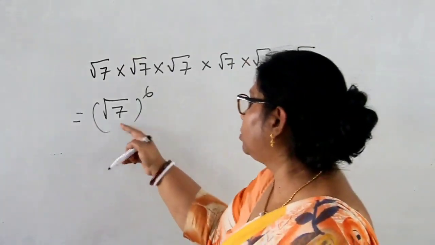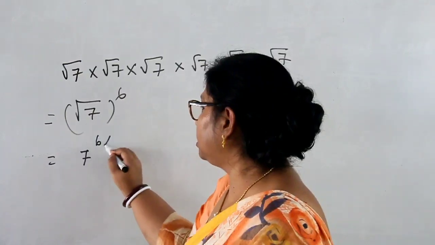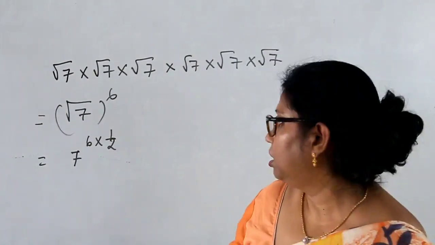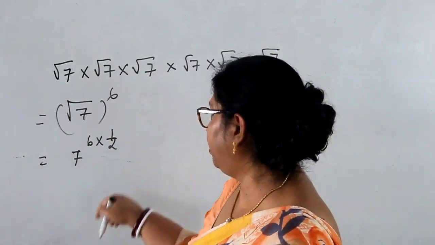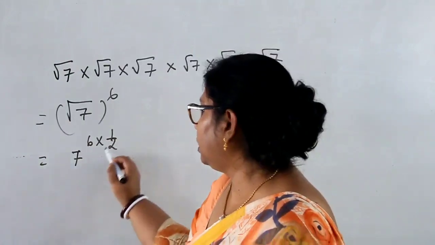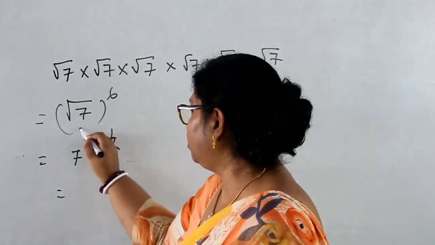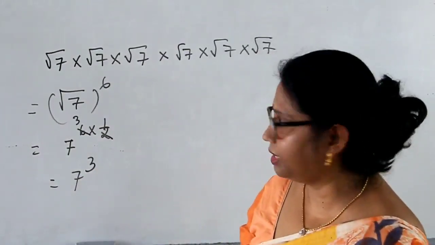Again coming to that root 7, we know that this root can be written as 7 to the power 1 by 2. So ultimately we are going to have 6 into 1 by 2. Here we are going to have cancellation and we will have 3. So 7 cube is the result.